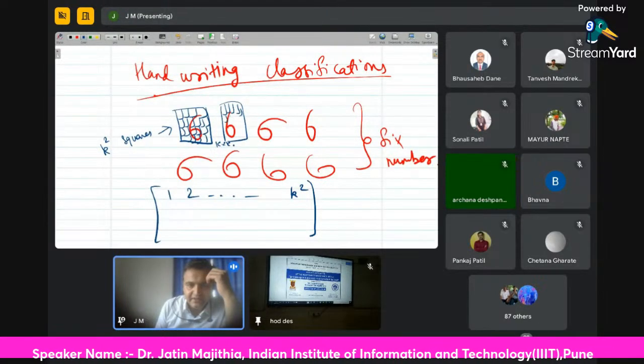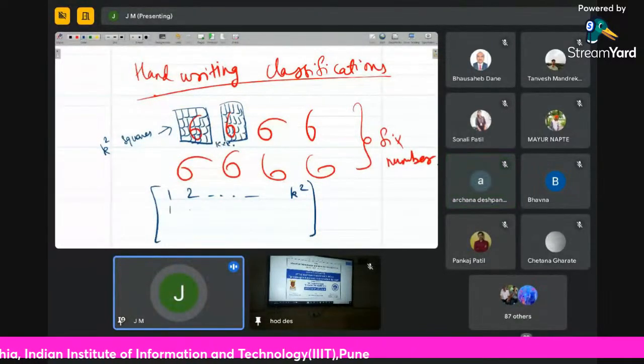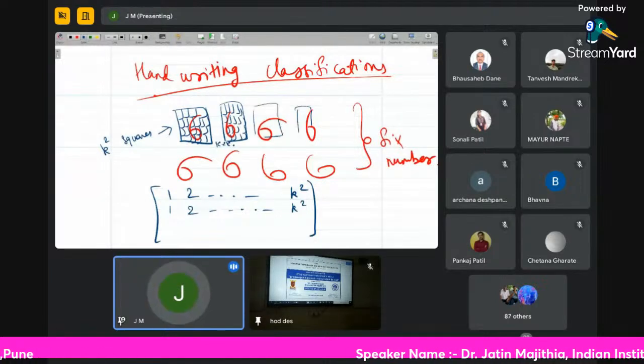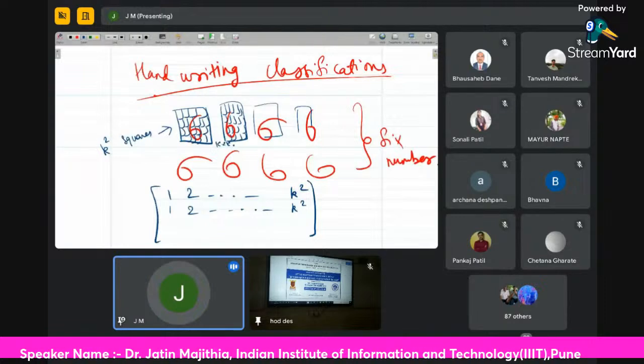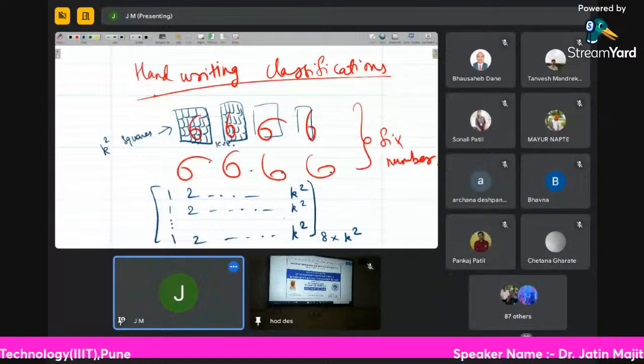It will have k square entries as the second row of the matrix. Take this as a third image, 6, 7, 8. So you have 8 rows with k square columns.